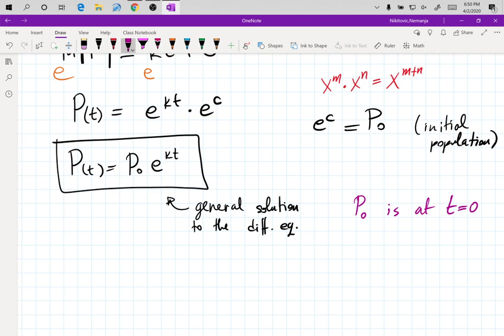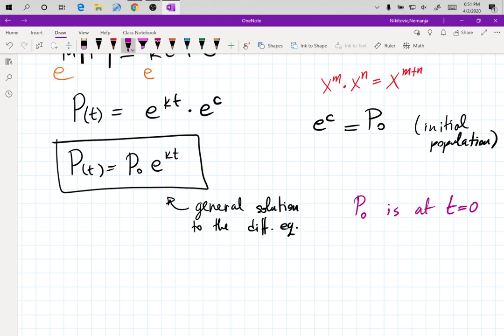So P0 is initial population. I wrote that already. P0 is initial population, and it doesn't have to mean all the way back in time. There is no all the way back in time. We have been evolving for 5 million years, so you don't even get to go back 100,000 years and claim initial population.